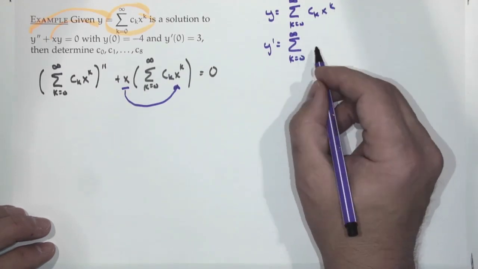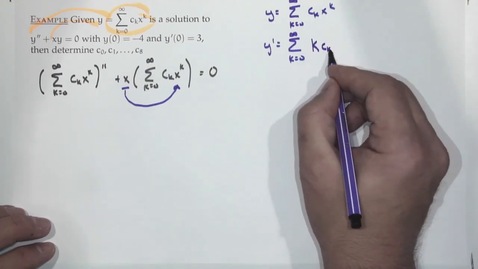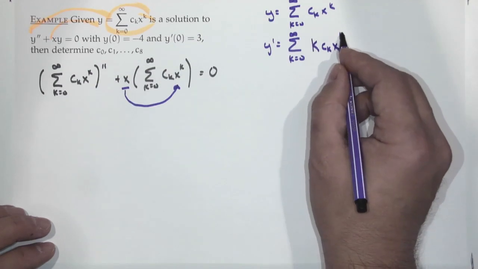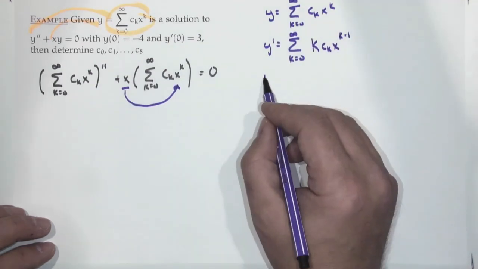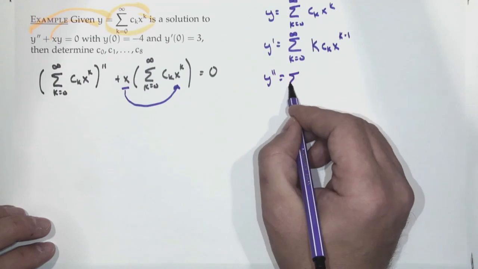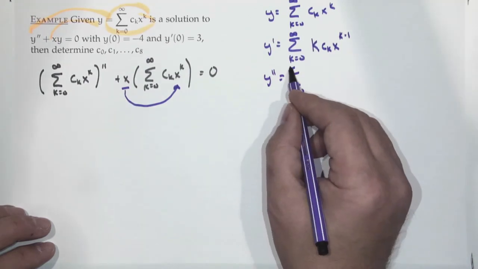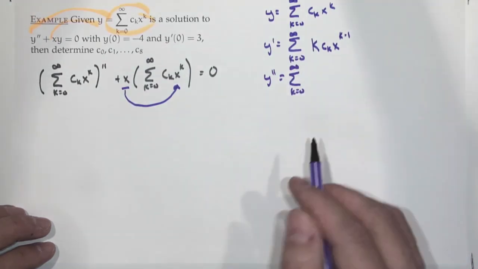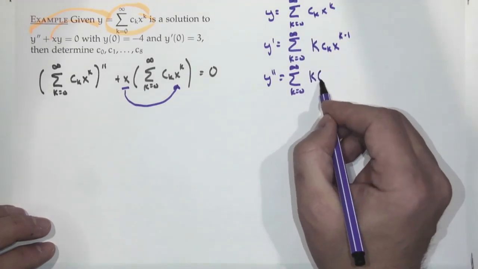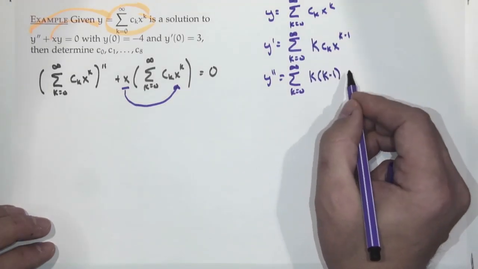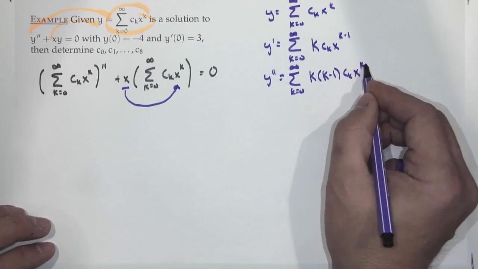So the k can come down. x to the power k minus 1. How about y double prime? Yeah, k times k minus 1, ck x to k minus 2.